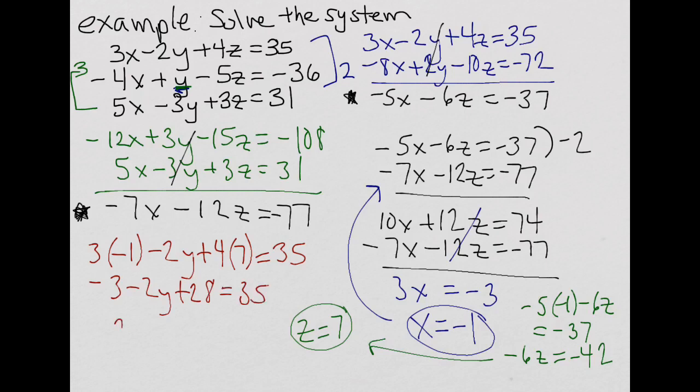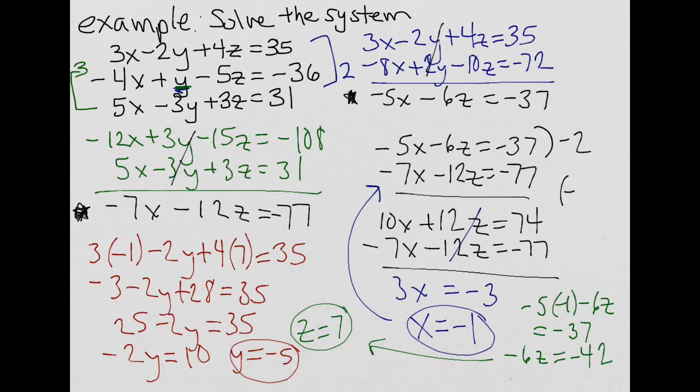And then that's 25 minus 2y equals 35. So negative 2y is going to equal 10. So y is equal to negative 5. So then our solution will be the coordinate points negative 1, negative 5, and 7. And let's go ahead and bold that box.